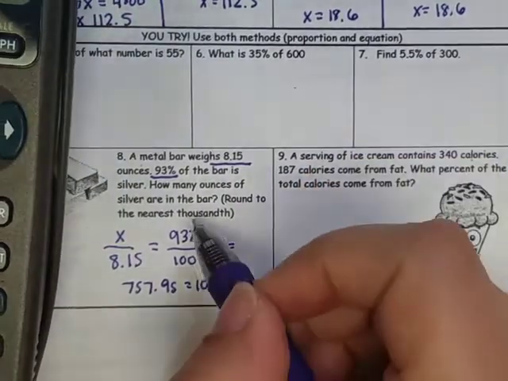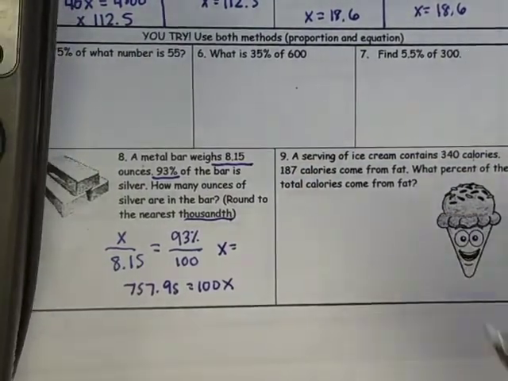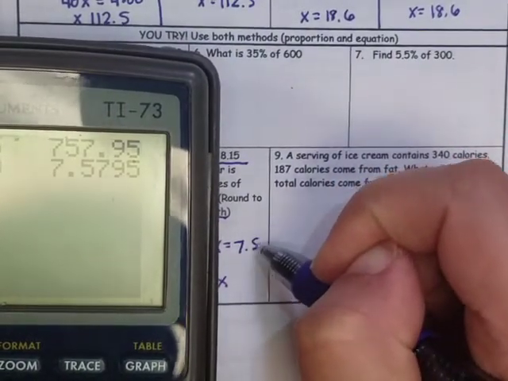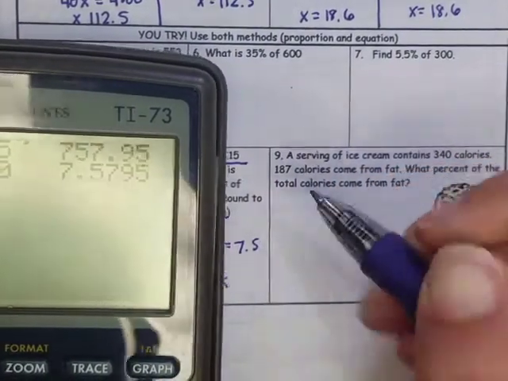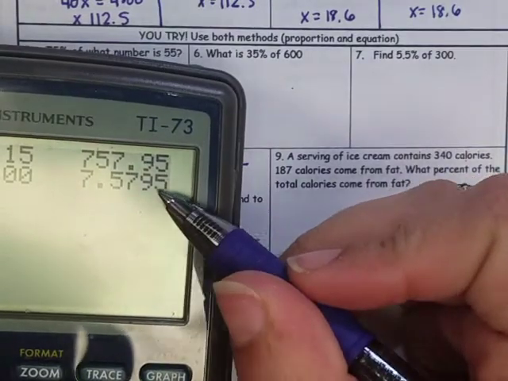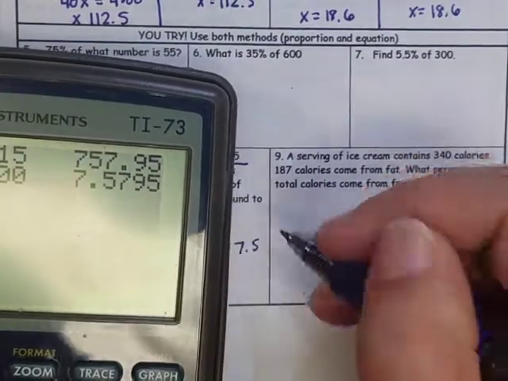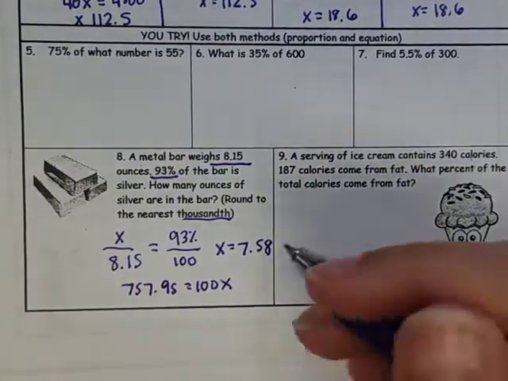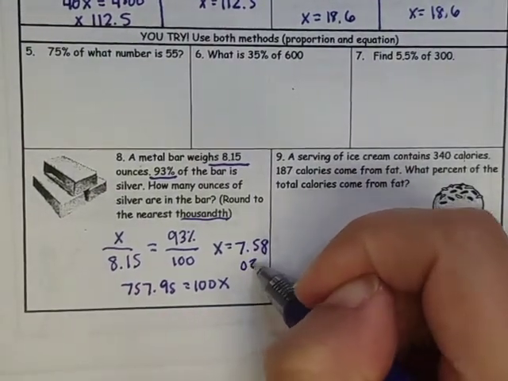And we'll go to the thousandths place. So 7.5, well, thousandths is right here, which means that has to round up to a 0, so that's going to round that up to an 8. So 7.58. And we can say ounces.